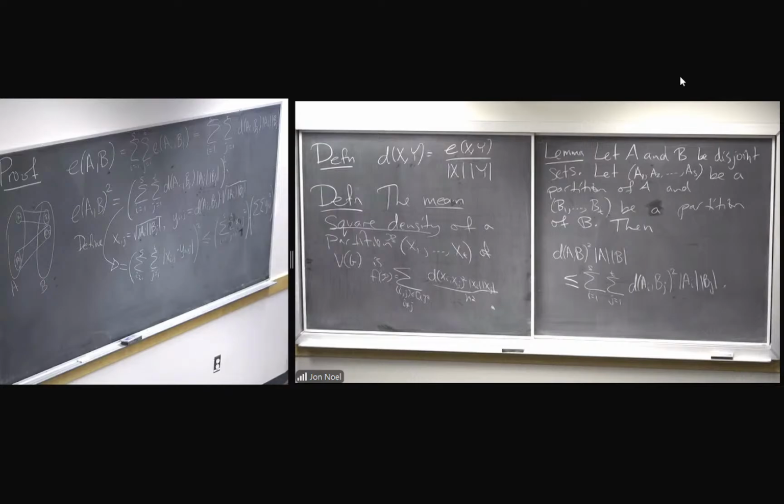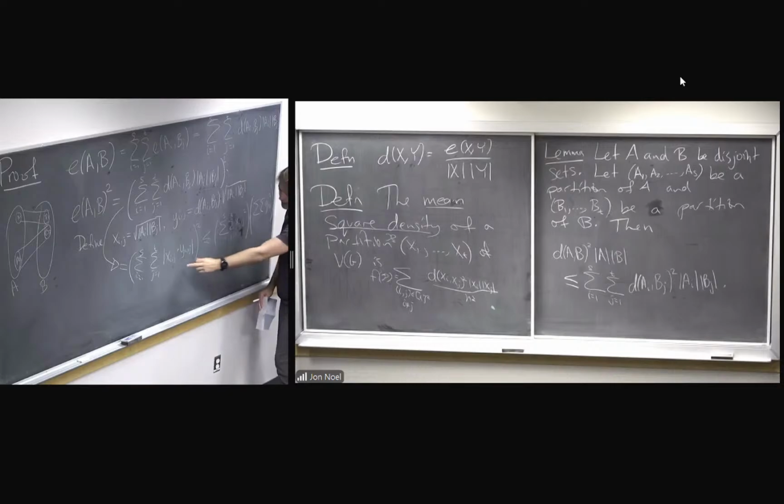Okay. You could think of this as an instance of Holder's inequality that we proved a long time ago when we were doing convexity. Or you could think of it as the Cauchy-Schwarz inequality. If I take a vector where each entry is xij, with s times t entries, this is the dot product of that vector with itself. This is the dot product of the vector of y's with itself.